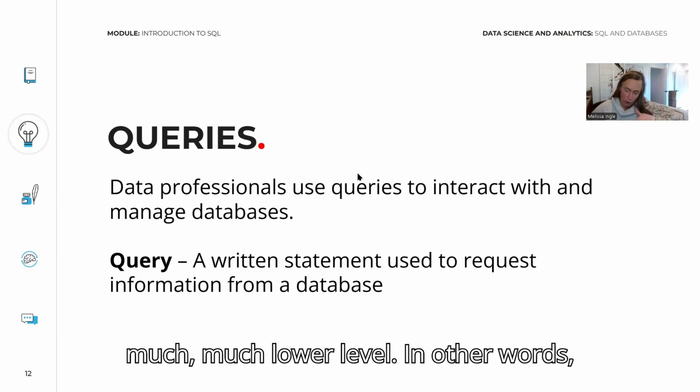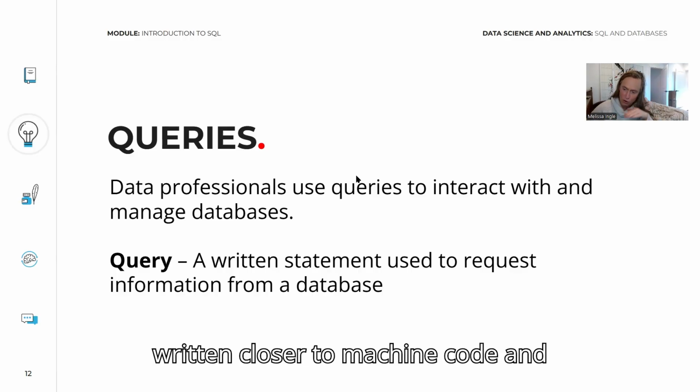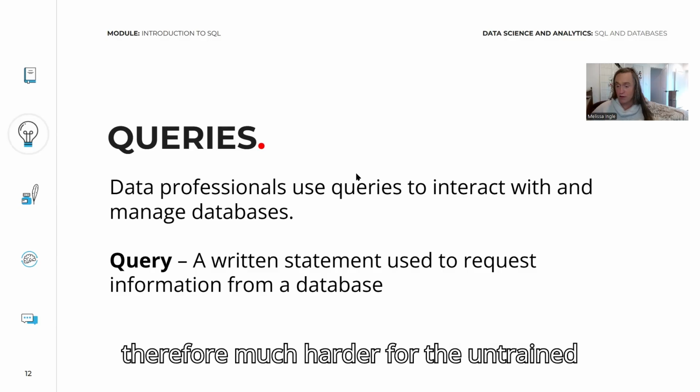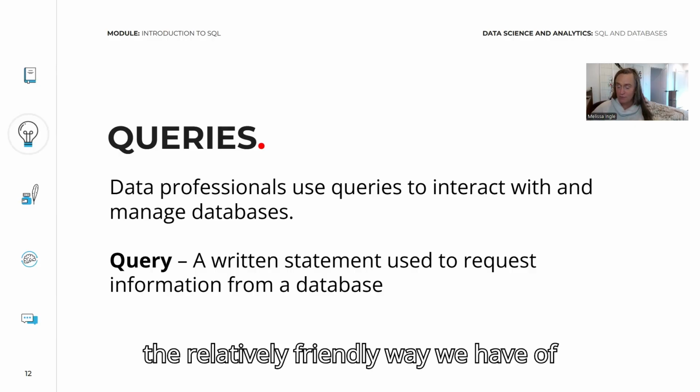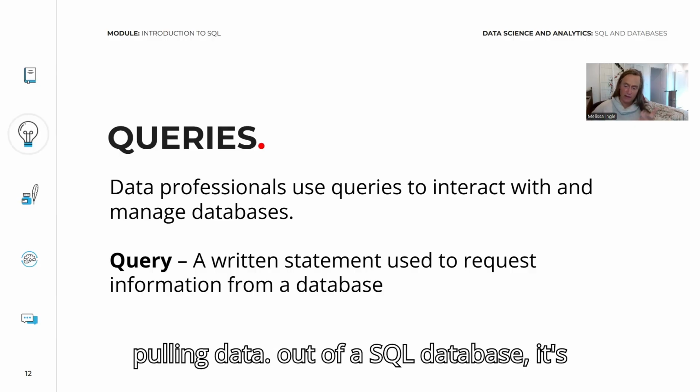They're much, much lower level. In other words, written closer to machine code and therefore much harder for the untrained eye to read. The relatively friendly way we have of pulling data out of a SQL database is called a query.